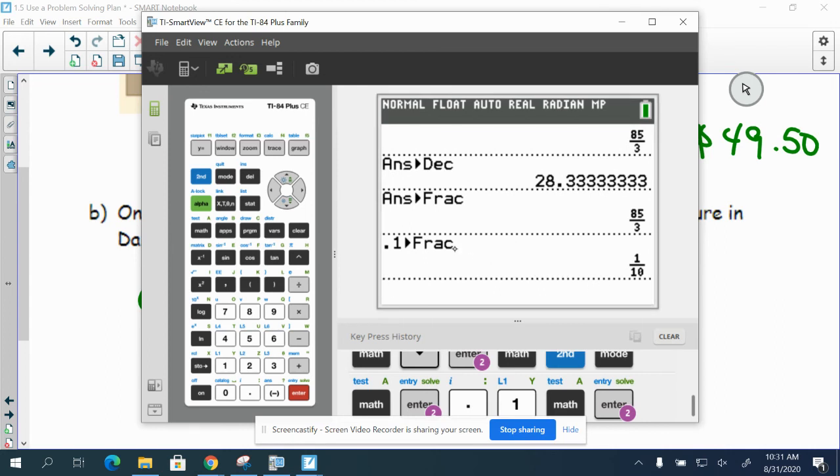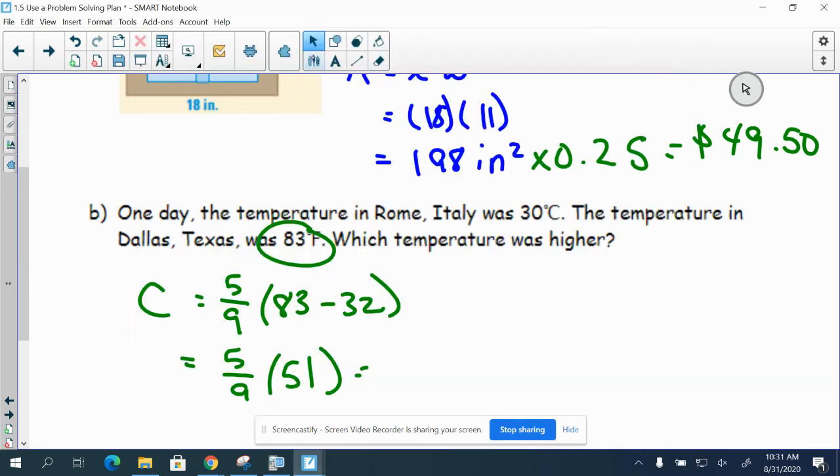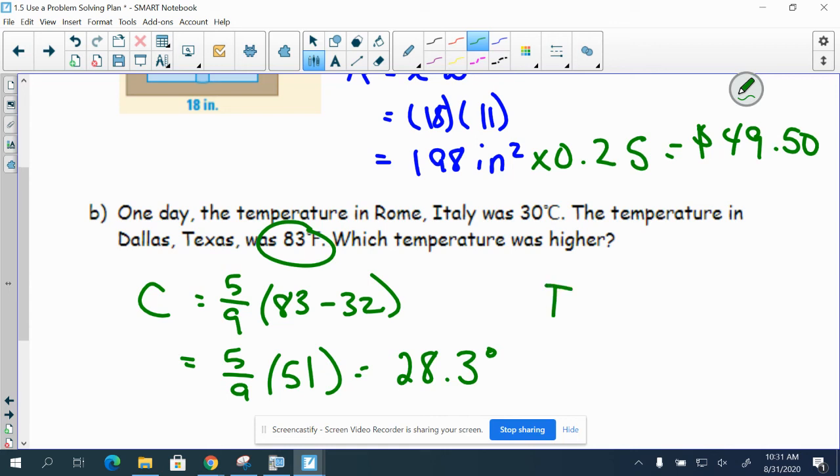Okay, so if you wanted to find what something was converted to a fraction, you would just do that. So that's how you use your fraction button. So anyways, our answer was 28.3 degrees. So that means that it was higher in Italy.